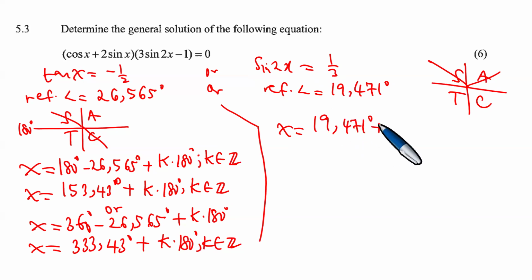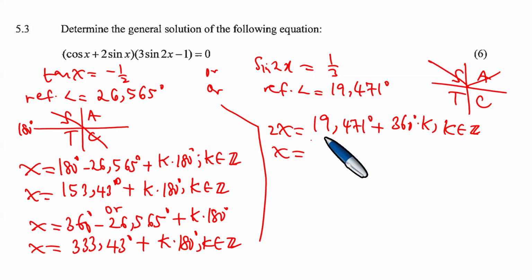Our x is actually 19.471 degrees plus 360 degrees times k, where k is an element of the set of integers. Remember it's 2x. So in other words, 2x equals this here, but then you divide right through by 2.